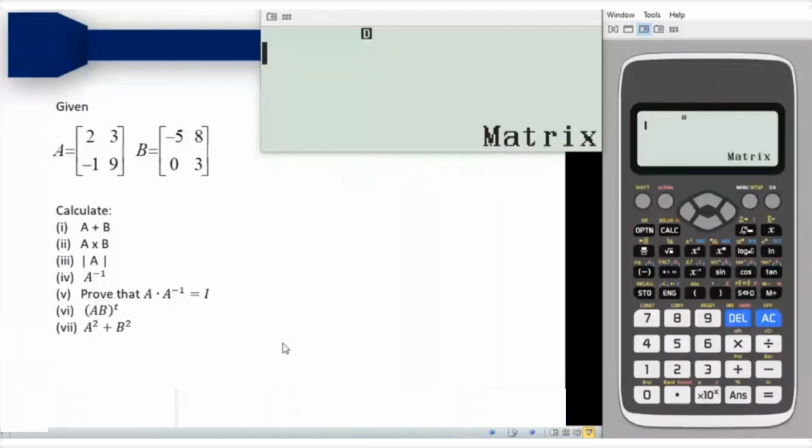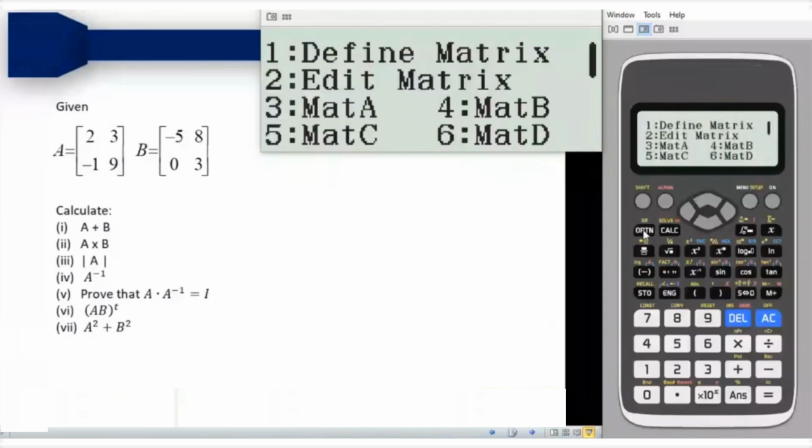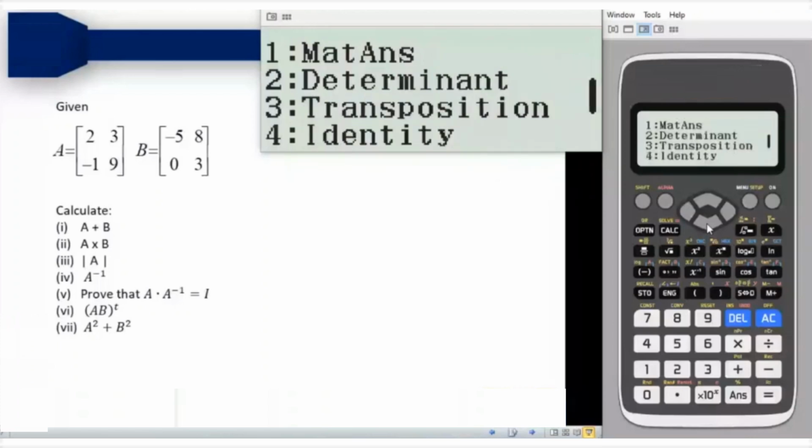So I will press option and I will scroll down. After pressing option, I scrolled down and my third option is transposition. So I will press 3.